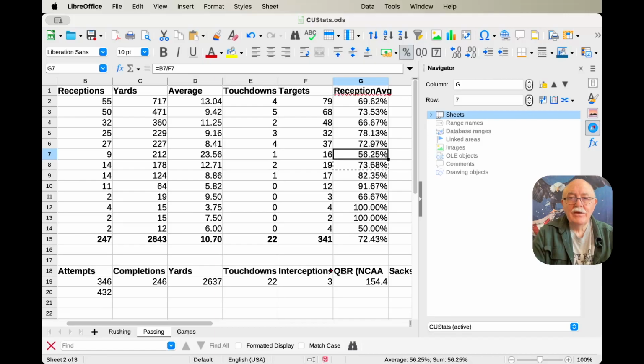It's the players that you can depend on, like Xavier Weaver, who's had 79 targets and 55 receptions. Those are the ones you can count on, because he will be there week after week after week. Same thing for Jimmy Horn, same thing for Travis Hunter.